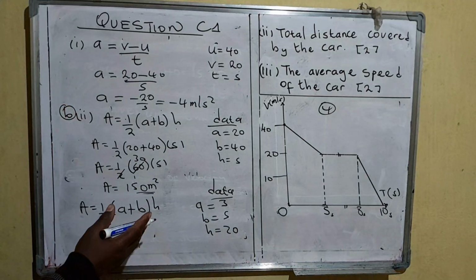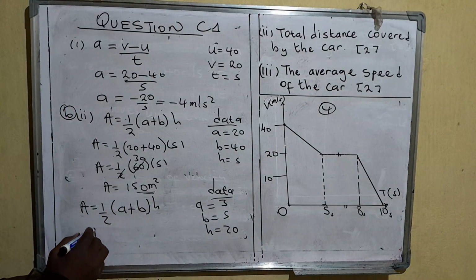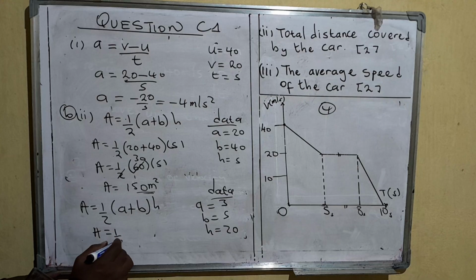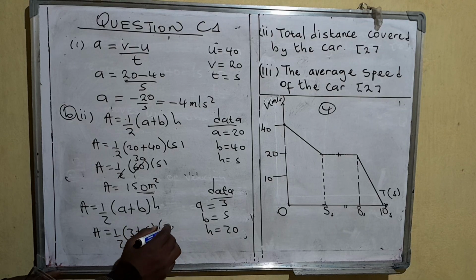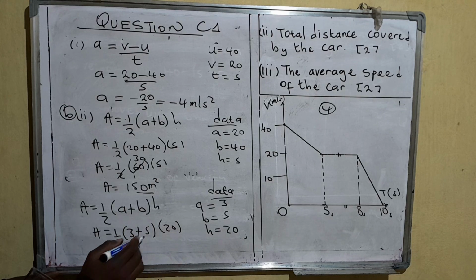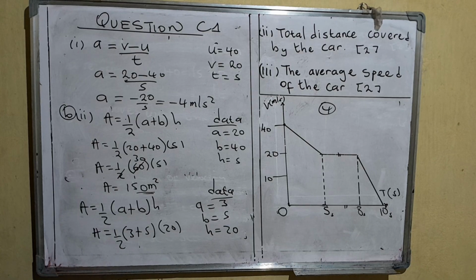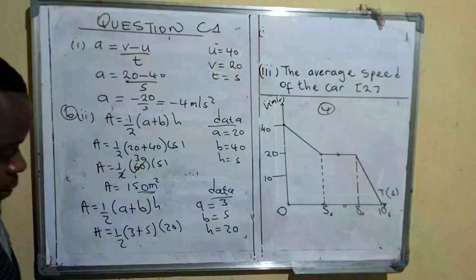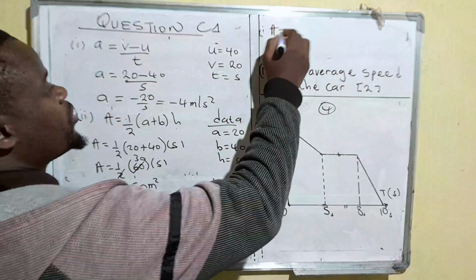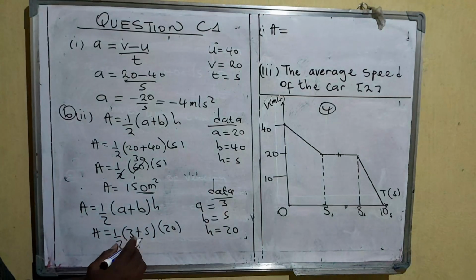You have all those, we can plug them into the equation. You're going to have area is equal to half. A is actually a 3, and B is actually a 5. Height is actually a 20. Okay, we can add these two, and then we're going to have, let me write the answers here. Area is equal to, I'm going to add these two, right?